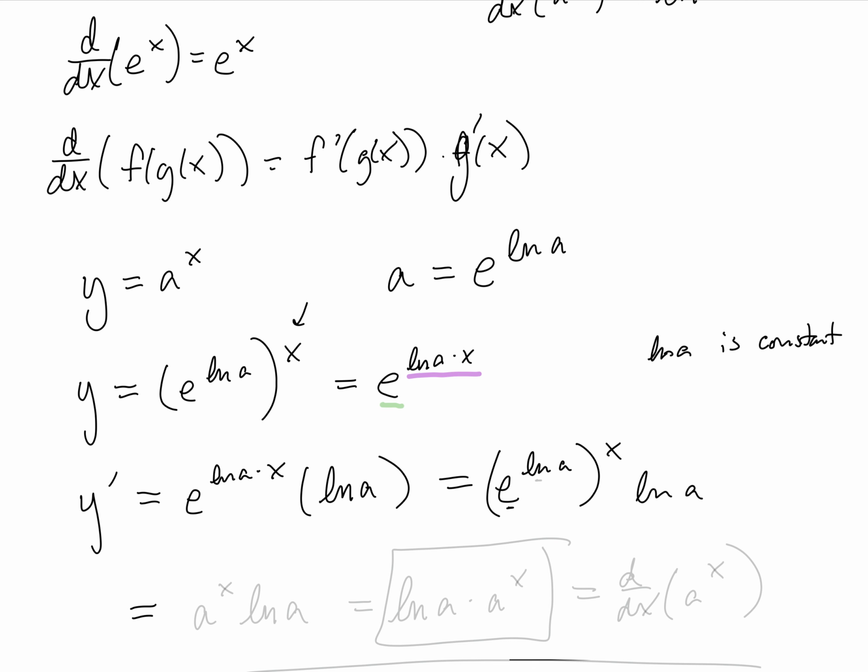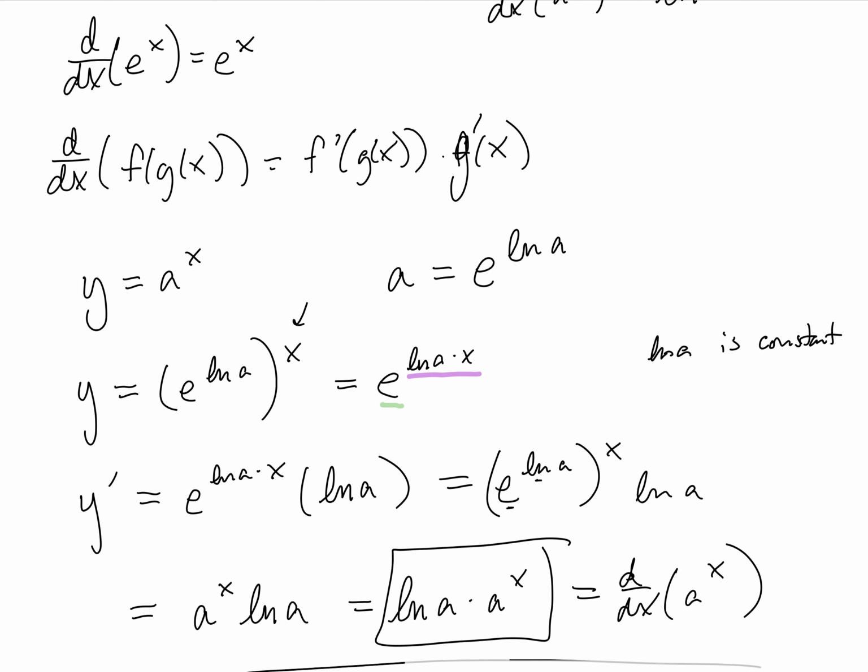Again, these are inverse functions, so they undo each other. This is just a to the x power times natural log of a, and that's exactly what we're looking for, ln of a times a to the x, and that is our derivative with respect to x of a to the x for any positive value a that is not equal to 1.